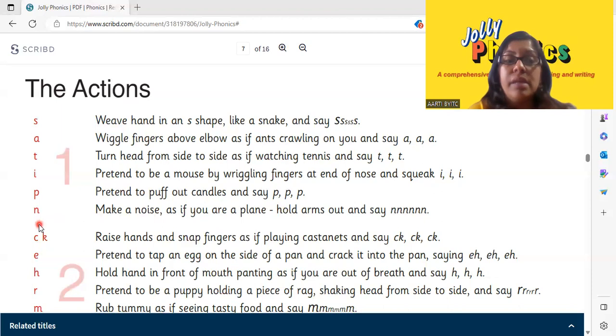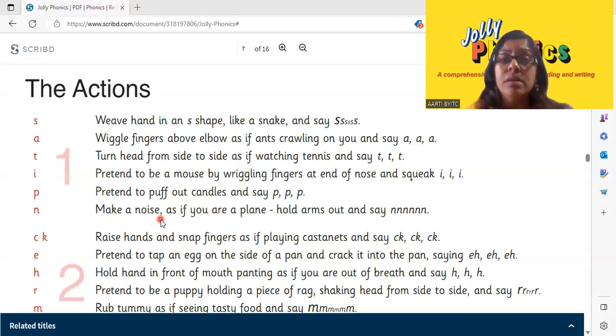Then is letter N. Letter N, make a noise as if you are a plane. So your arms should be wide open. Hold arms out, stretch your arms and say nnn.